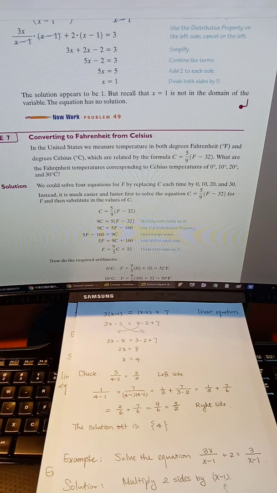What are the Fahrenheit temperatures corresponding to Celsius temperatures of 0 degrees, 10 degrees, 20 degrees, and 30 degrees Celsius? So this is the question. Keep this in your mind, especially the formula. I will copy this formula: C is equal to 5 over 9 times F minus 32.